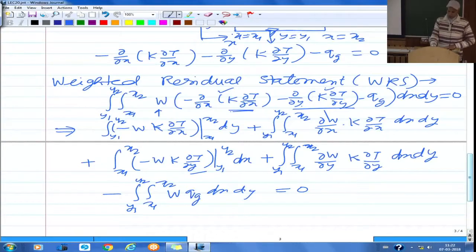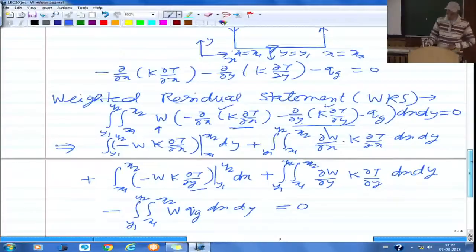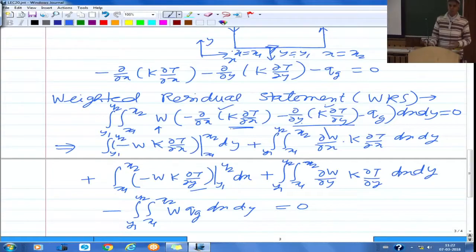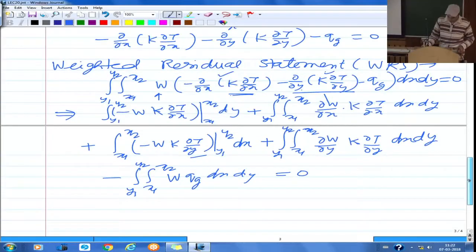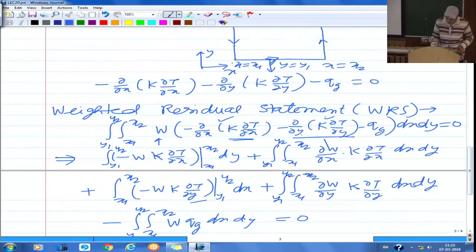So for this boundary, that is at y equal to y1, my k into del T by del y is giving me q_n, which is flux going away from the boundary, that is basically along the negative y direction, because flux in the positive y direction would be minus k into del T by del y. And then I can write that integration. So this essentially gives me a heat flux along this direction, and of course the integration is starting from here up to here, because the integration is from x1 to x2.